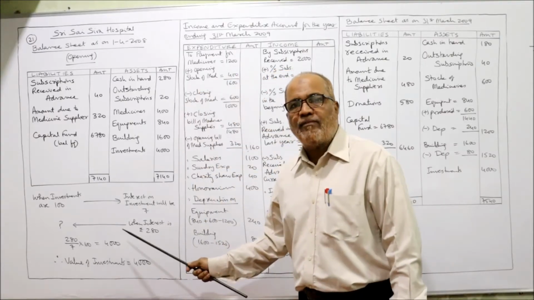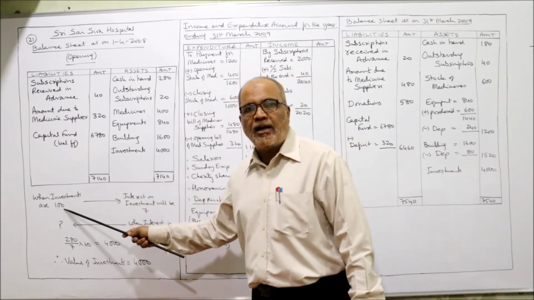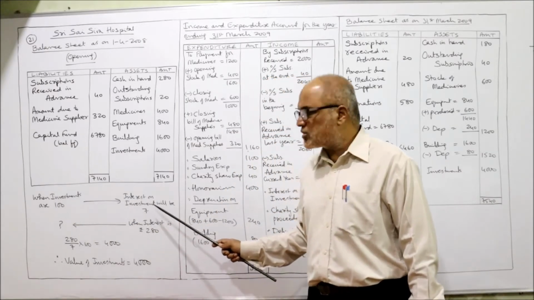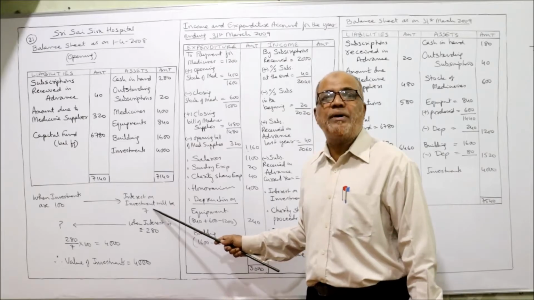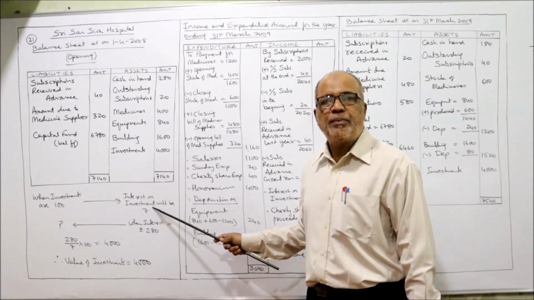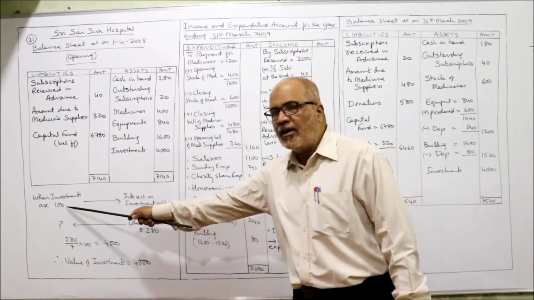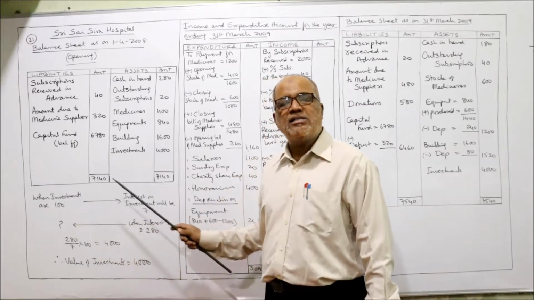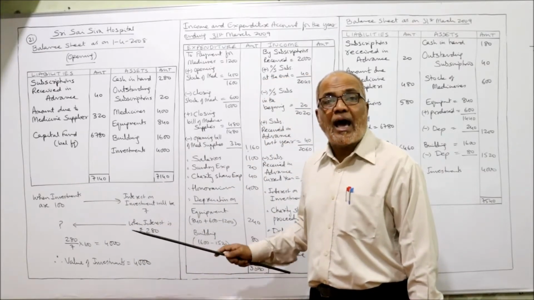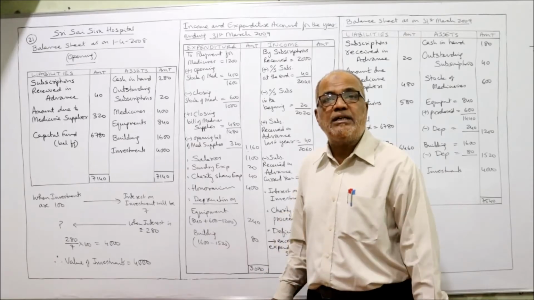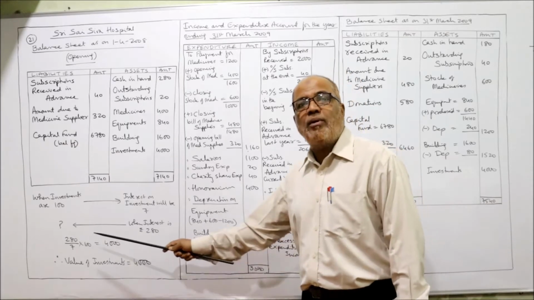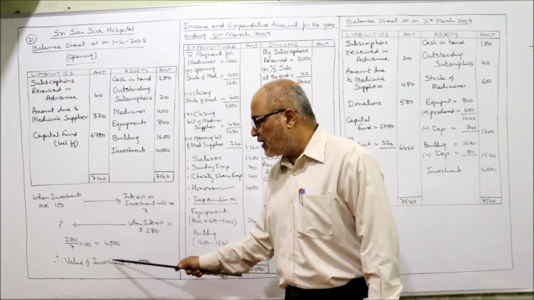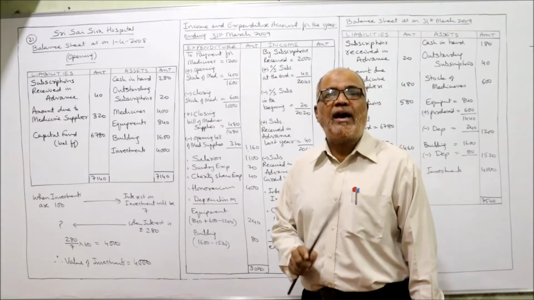In this working note I have explained: when investment is 100 rupees, interest is 7 rupees because it is 7% per annum. When actual interest is 280, the investment is 280 divided by 7 into 100, which gives 4,000. So the investment value is 4,000.